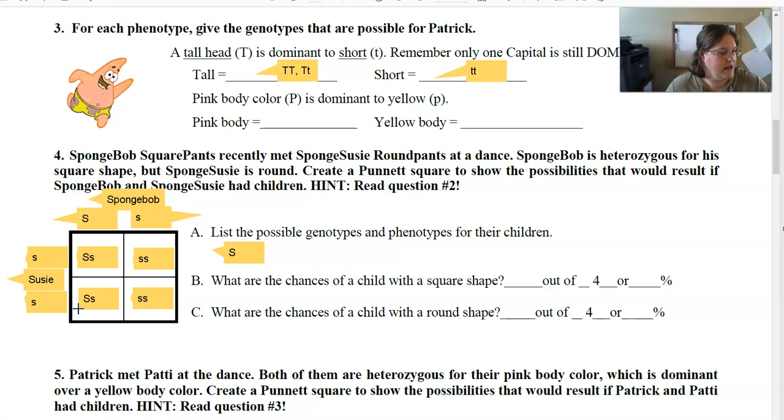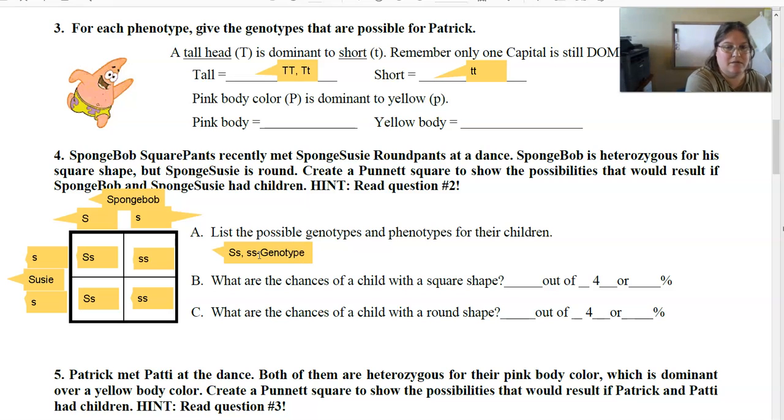So you get a capital S and a little s, which is heterozygous dominant for square. And you also end up with two little s's, a recessive round pants. That's the genotype. So I'm going to write genotype.